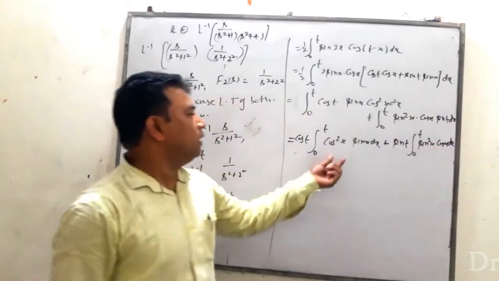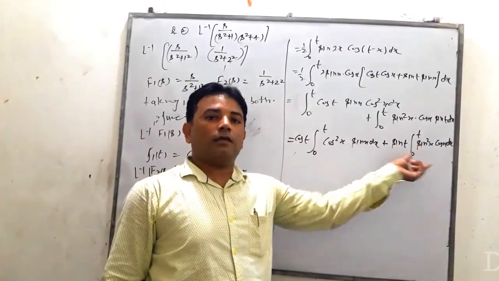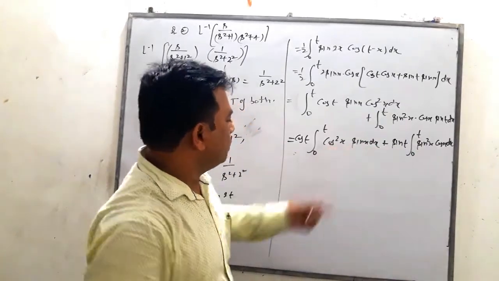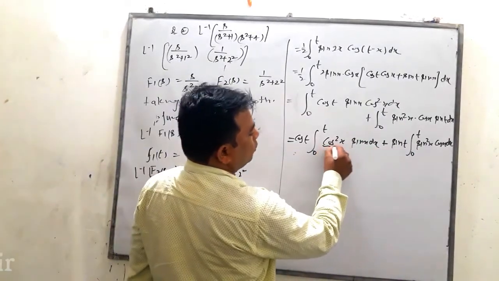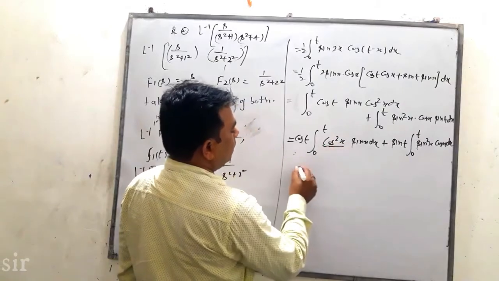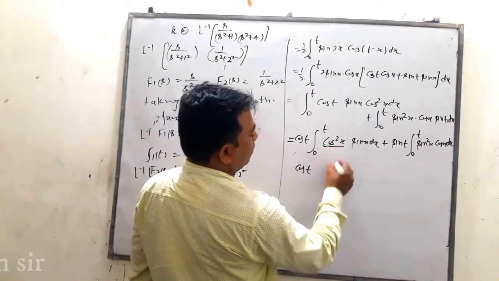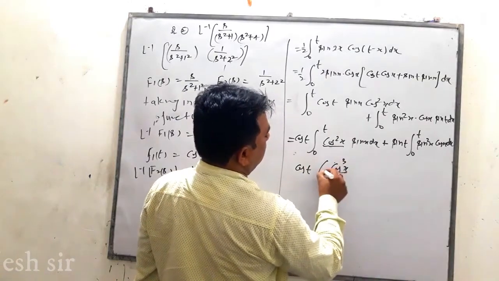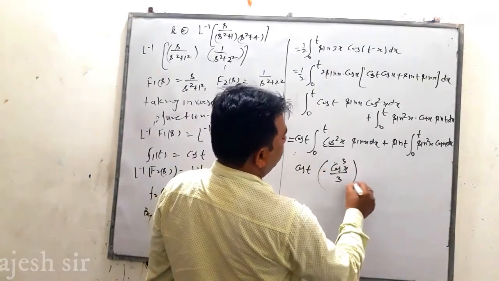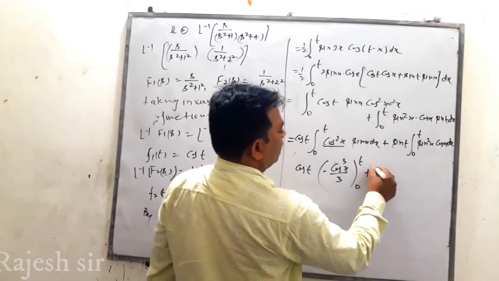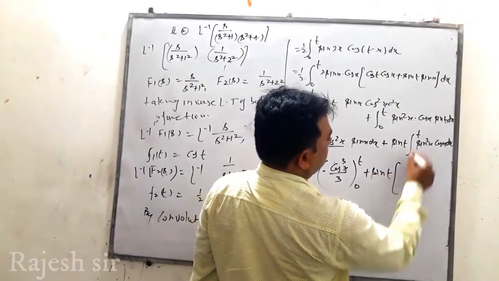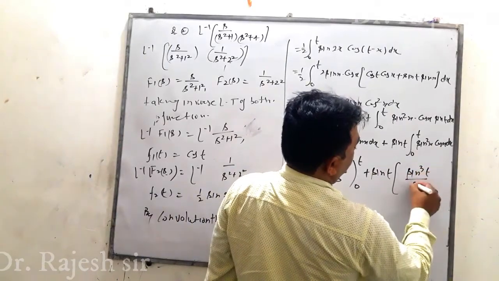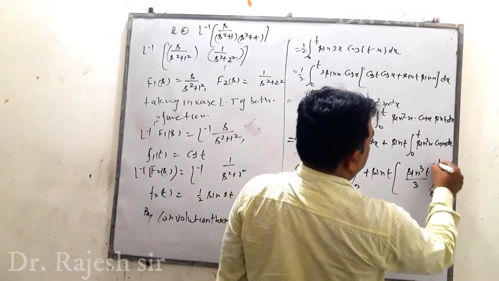But now we let sin x equal to u, then sin x cos x, cos square x equal to t, then cos t, value of this is cos cube x upon 3 with minus, limit 0 to t, and sin t, this is sin cube x upon 3 for limit 0 to t.